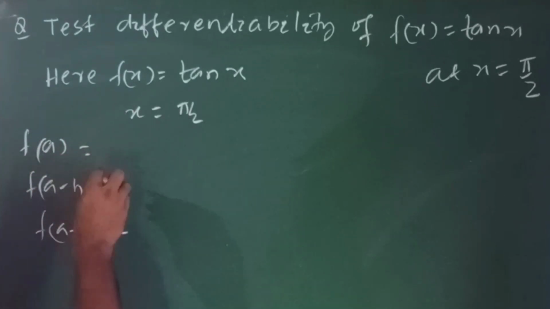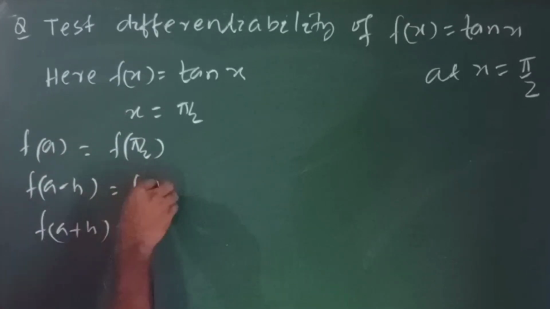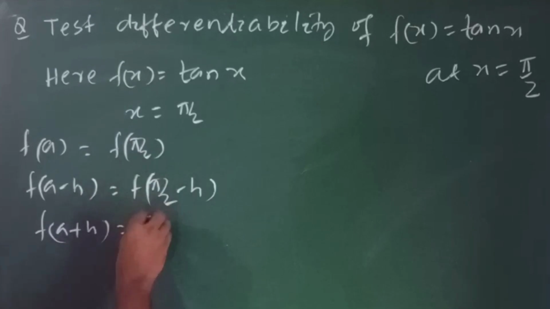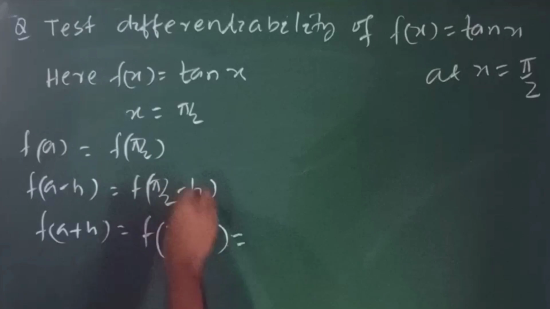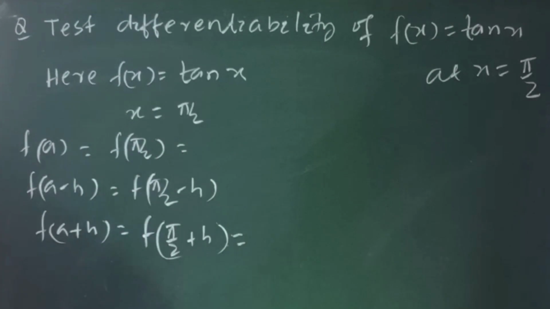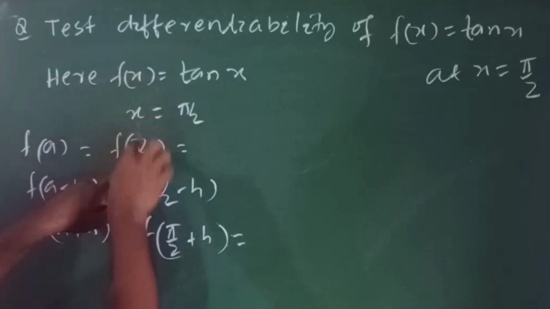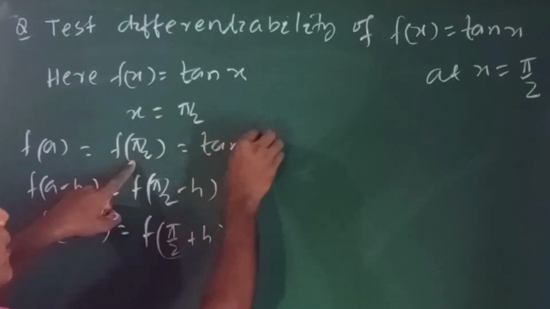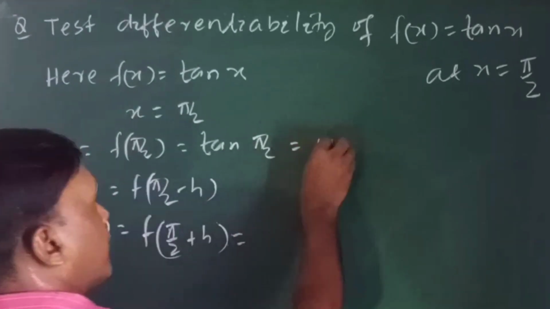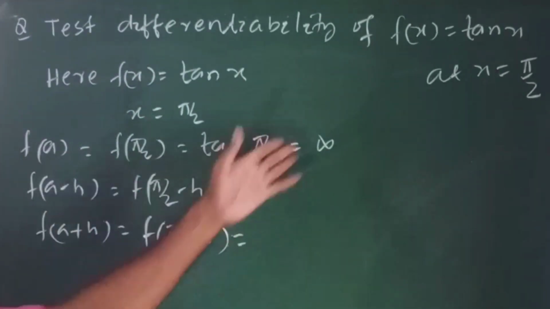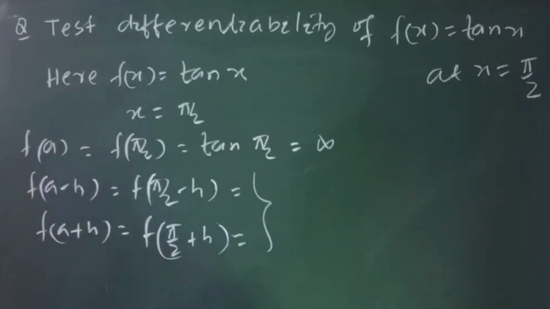So a is here pi by 2, that means f of pi by 2, f of a minus h means f of pi by 2 minus h, and a plus h means f of pi by 2 plus h. Look at here, f of pi by 2, f of x is tan x, so f of pi by 2 is, put x is equal to pi by 2 means tan pi by 2, but tan pi by 2 is infinite, that one doesn't exist, so there is no necessity of evaluating these two values.